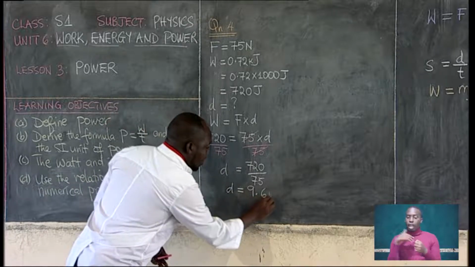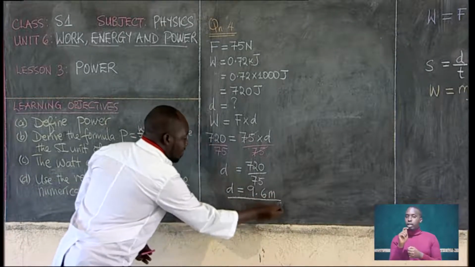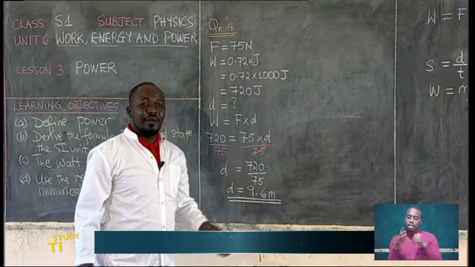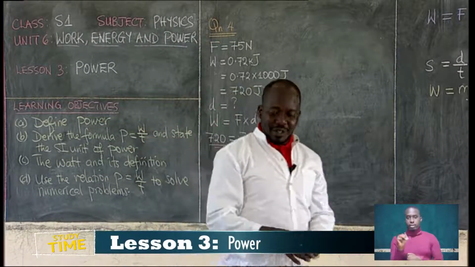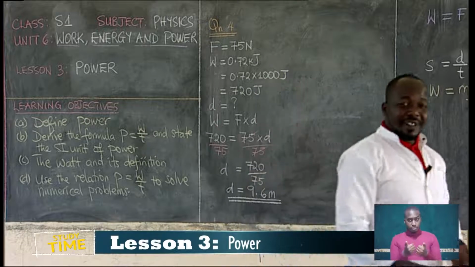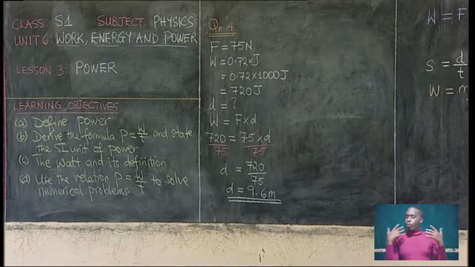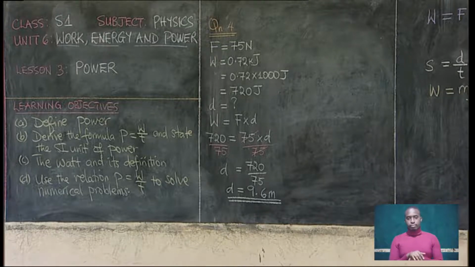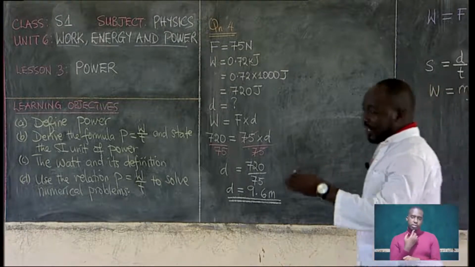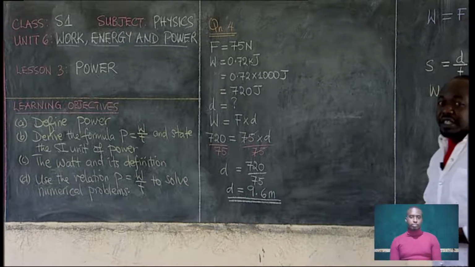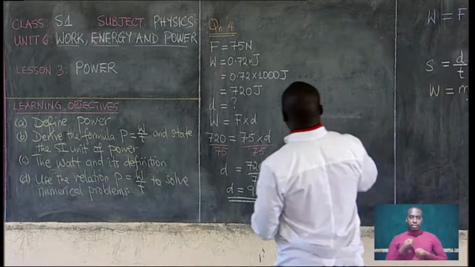And what is the unit of distance? It is going to be meters. So D is 9.6 meters. Is that also what you got? If that is what you got, then that is wonderful. Okay? A few seconds for you to complete writing that, as I take details about question number 5.